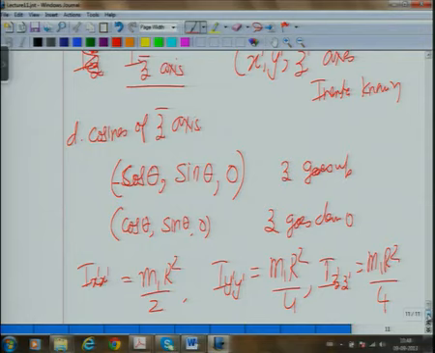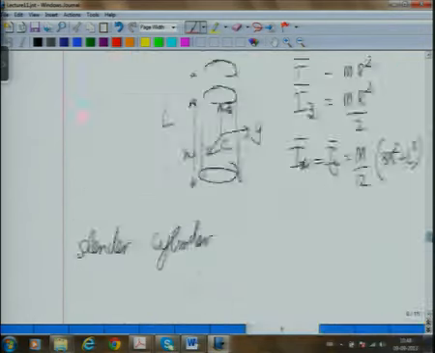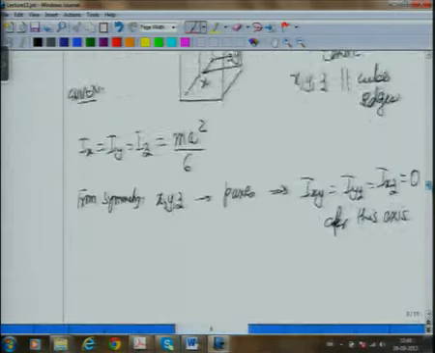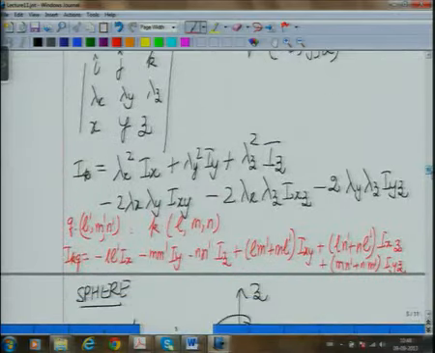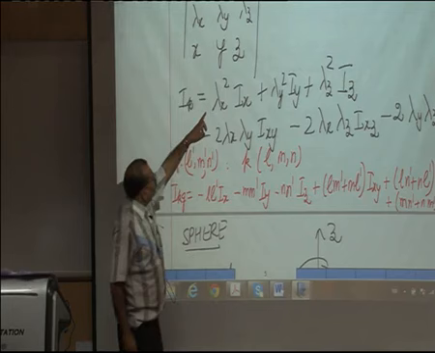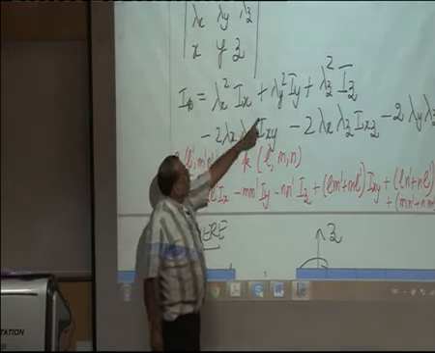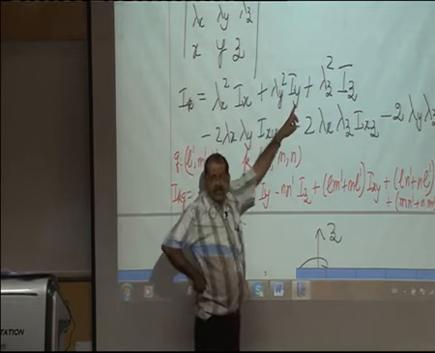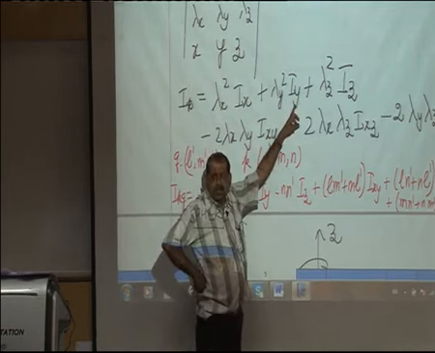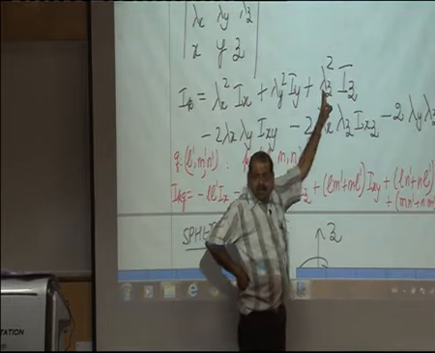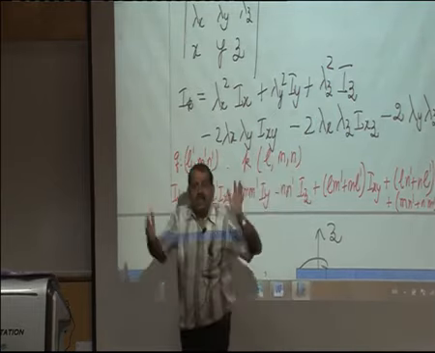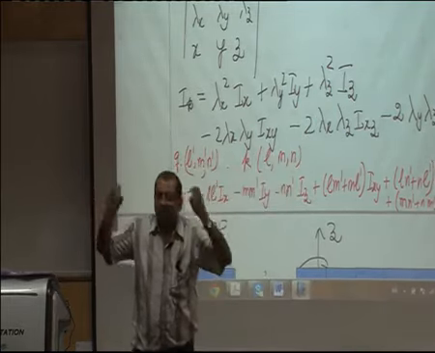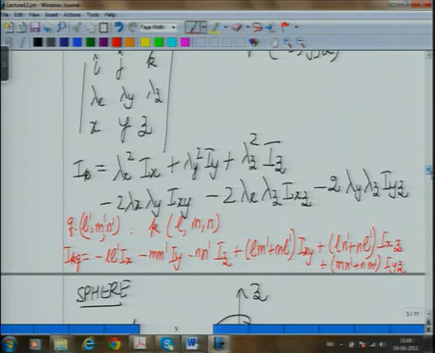Now if I go to the formula which I have just derived here, I about z prime will be equal to cos square theta I xx plus sin square theta m r square by 4 plus 0, and the plus or minus will not make a difference. Lambda z is 0, everything else is 0. The formula is very big, but when you typically apply it, you will only have the first 3 terms, and maybe one of them is also 0.